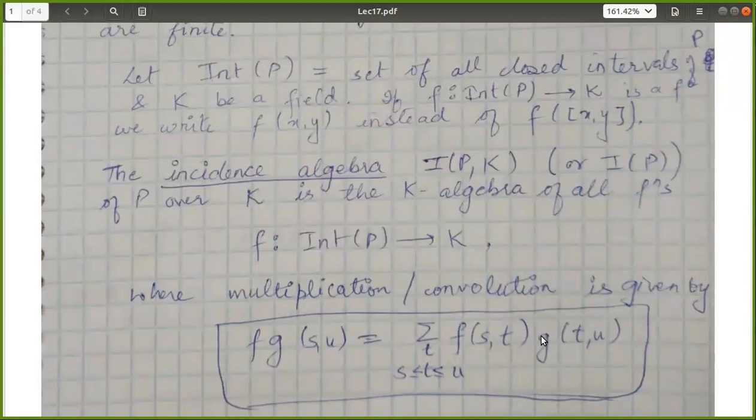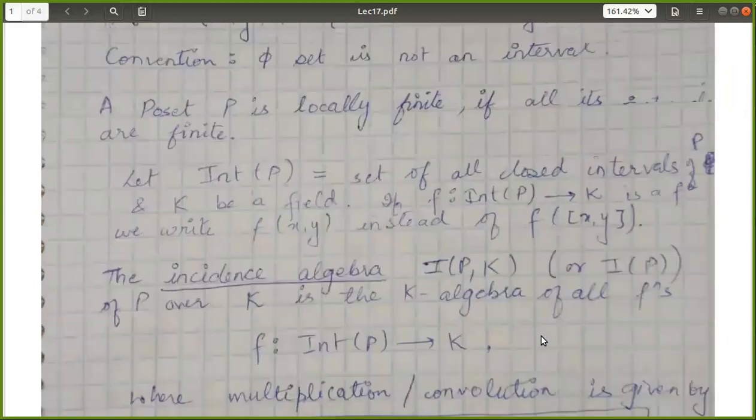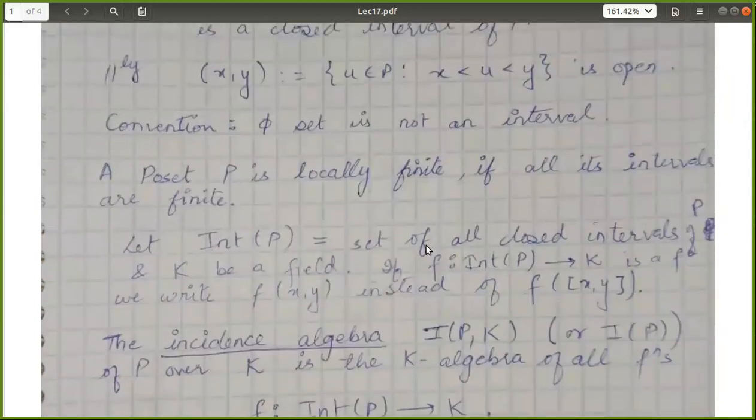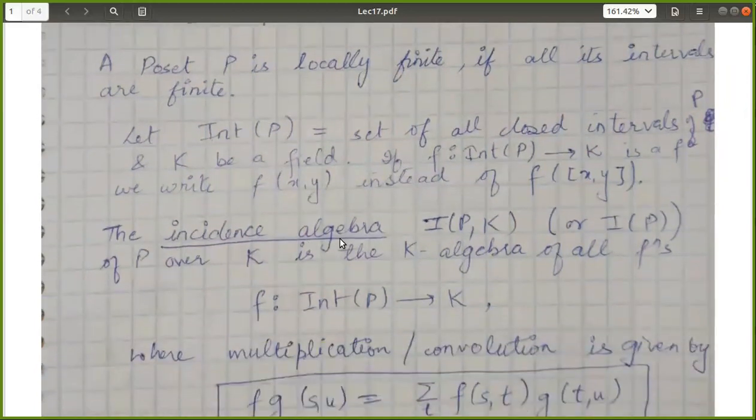We assume that P is locally finite, so we have fixed here that P is locally finite. The incidence algebra I'm defining for locally finite posets.